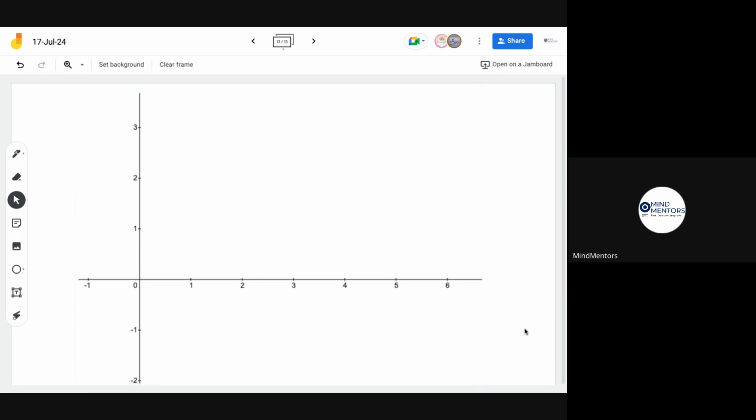Okay, and I'm going to draw two lines. So let's say this point, and let's say this point, right? This is 5, 3. So let's match these two points, this, and let's match this point.